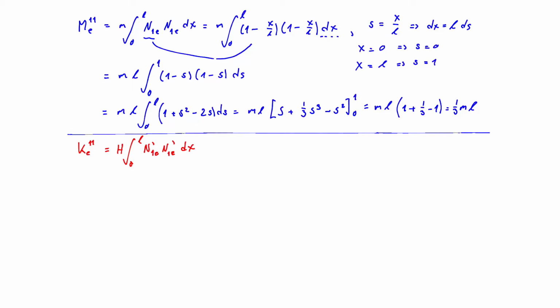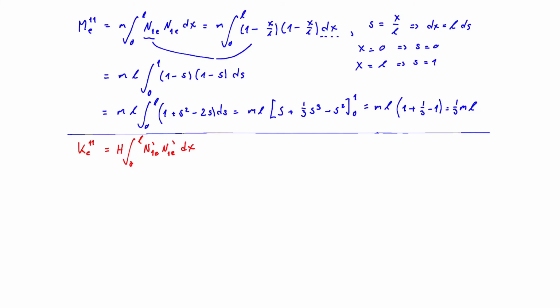And we should remember that first entry, differentiated with respect to x, is then 1 minus x divided by L, and this will simply be constant and equal to minus 1 divided by L.